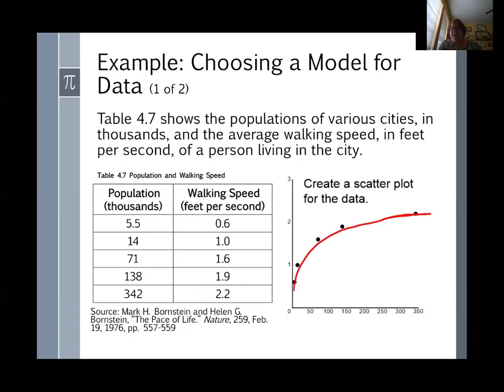So I think the model that would fit this data best is a logarithmic model. Now, it's beyond the scope of this course to determine what that model is, but you could put this data in either Excel or your TI-83 or 84 calculator, and you could actually determine the model that fits this data the best.